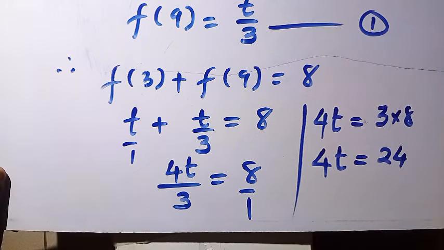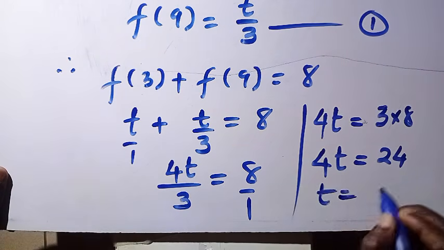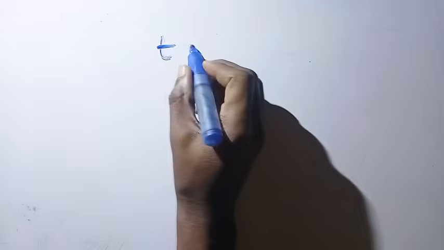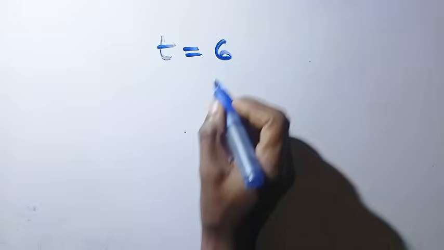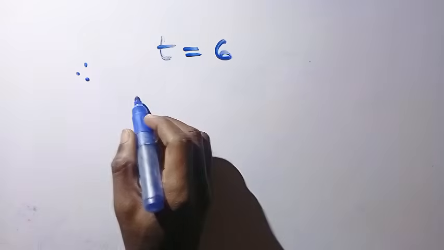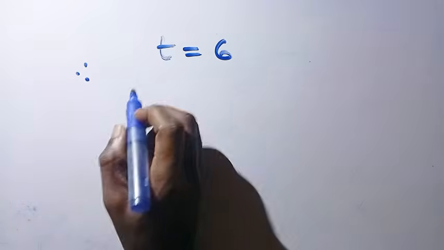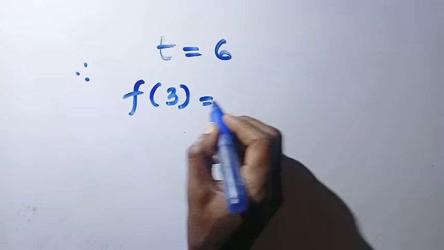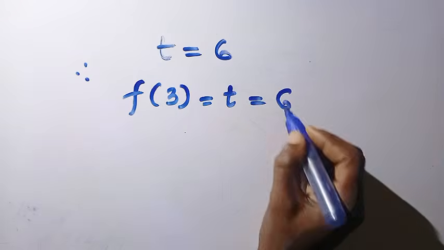So the value of t here is 6. Since t equals 6, we get f of 3 back. So f of 3 equals t, which equals 6.